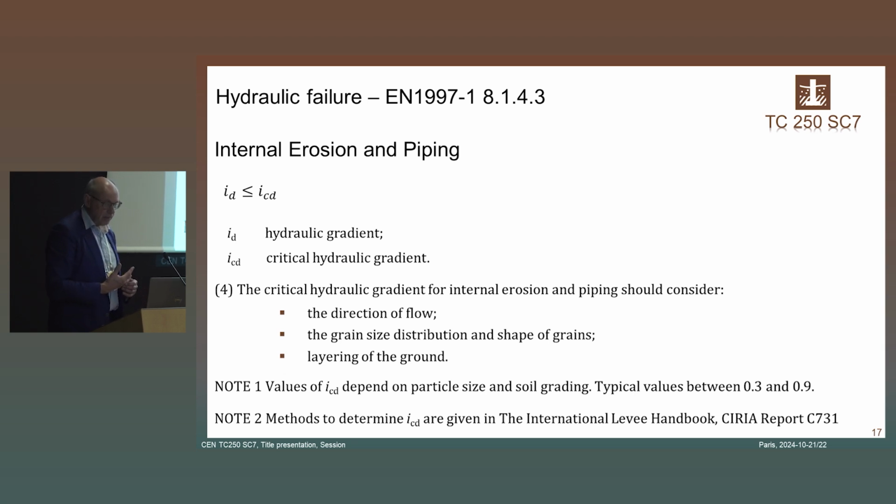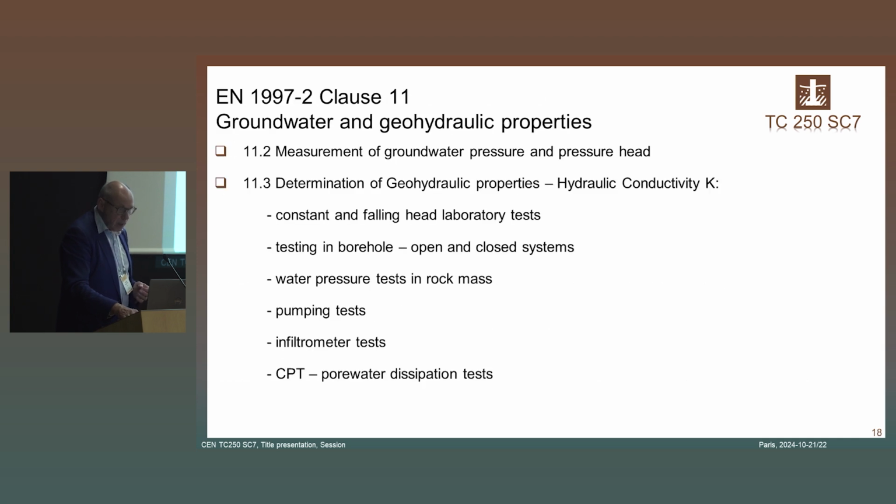Of course, you have to look at the direction, the grain size, the layering, and the critical gradient is a very important parameter, and you find them in, for instance, the CIRIA report, the International Levee Handbook. And then, so this is in Part 1.